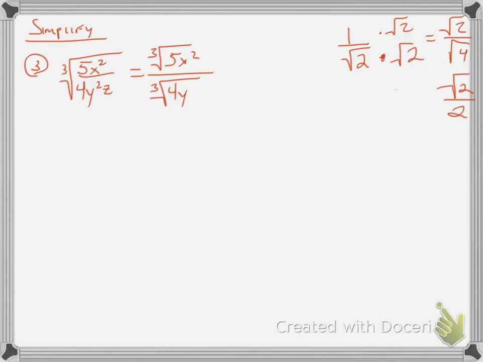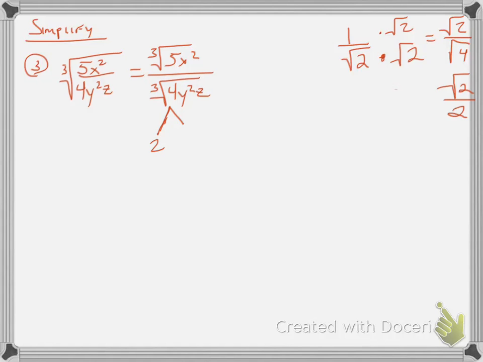of 4y squared z. But I cannot leave that cube root of 4y squared z in the denominator because it's a cube root. I have to get rid of the radical. And so what I want you to do is look at the 4 and use the prime factorization, the birthday cake, the factor tree. That's what we're doing when we do that.